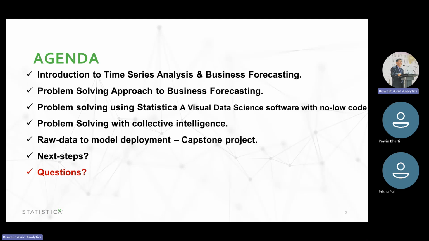In addition to Statistica, we will also approach solving this air travel passenger forecasting using popular open source software like R and Python, from raw data to model deployment. You can take this as a capstone project for your future use. Then next steps and the questions.